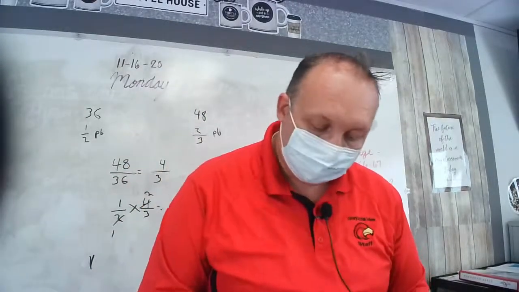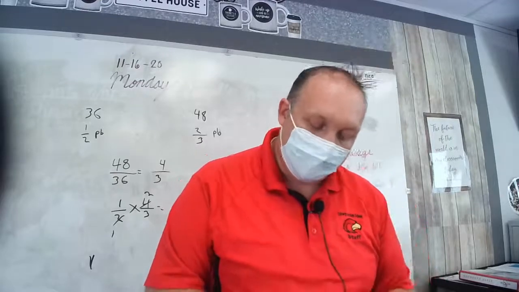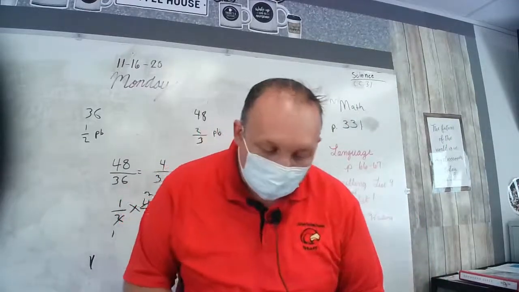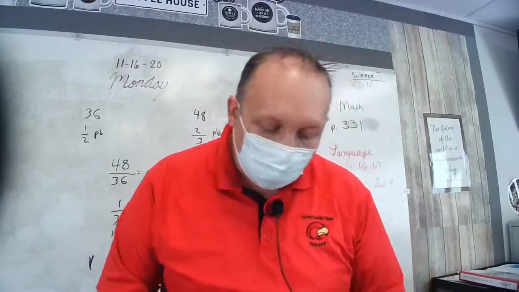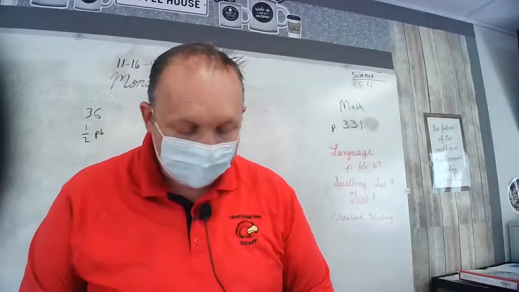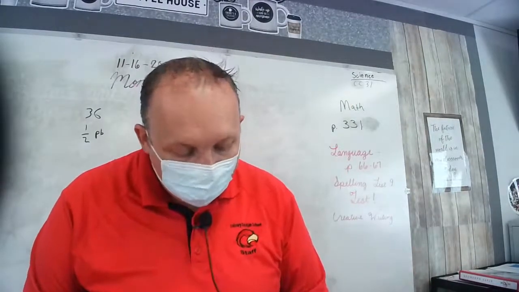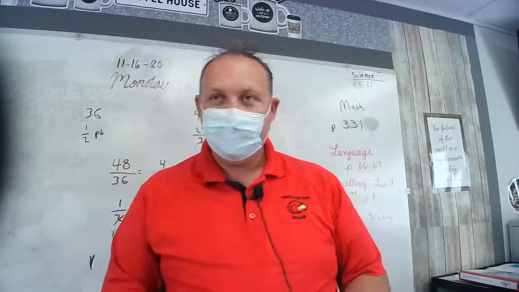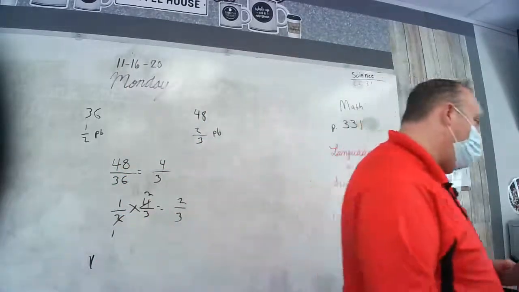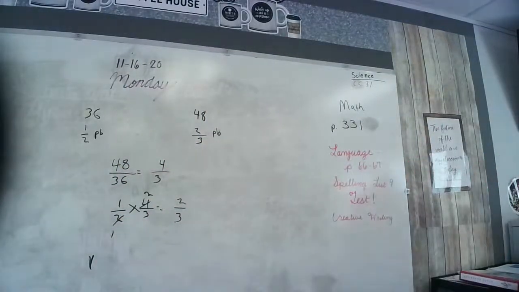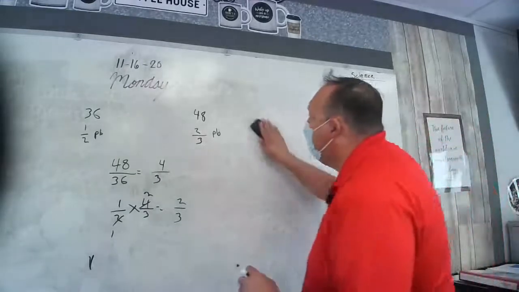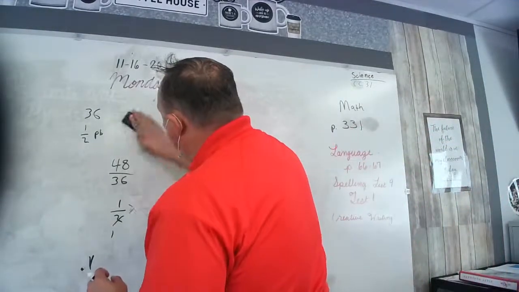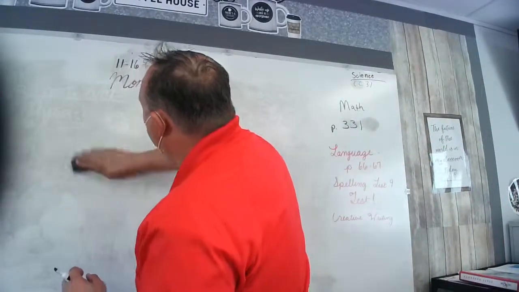So, let's look at problem number 1 here. A recipe that serves 6 people calls for 2.5 cups of flour. How much flour is needed to serve 9 people? So we're going to do this problem the exact same way. We're going to make a fraction out of this, and we're going to put the amount needed over the amount served.